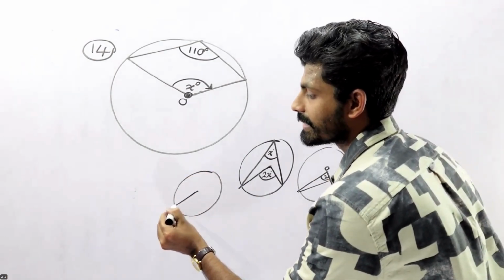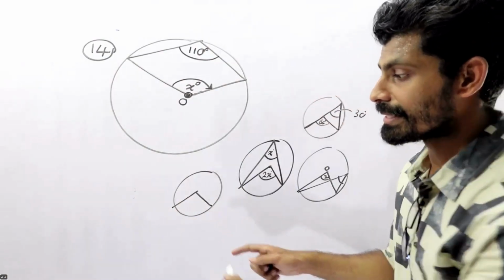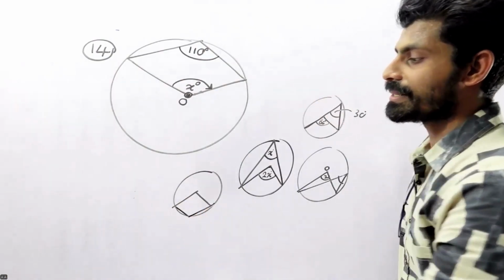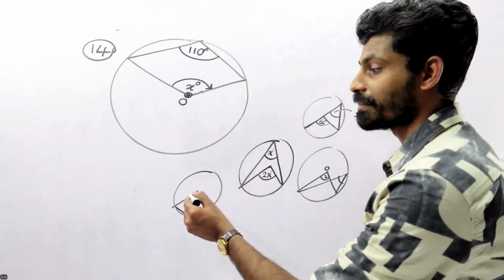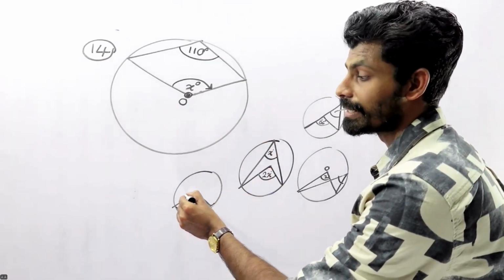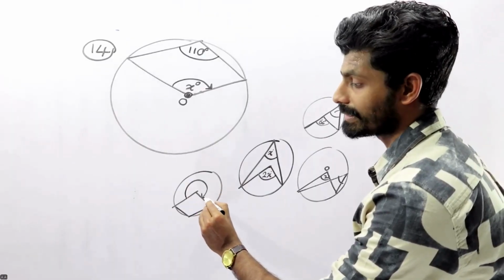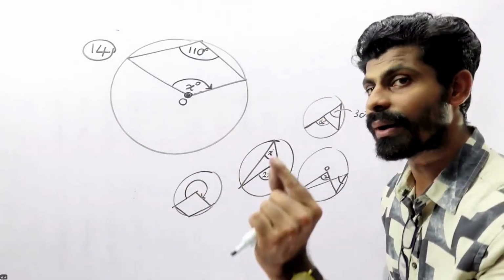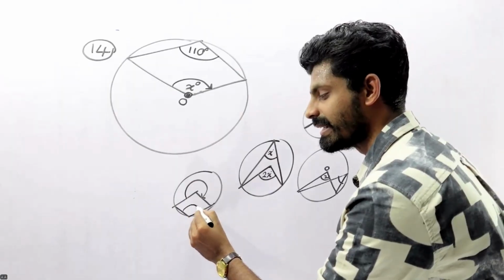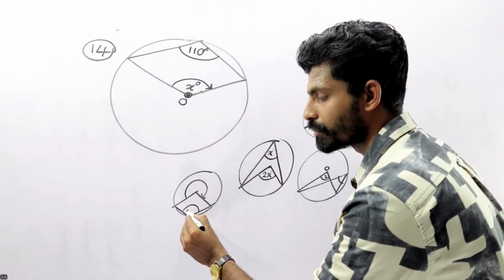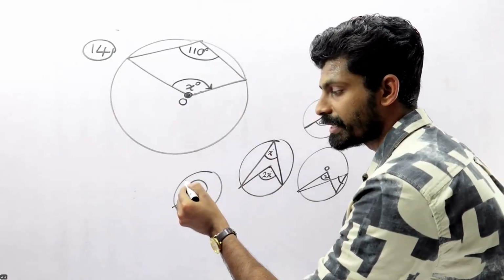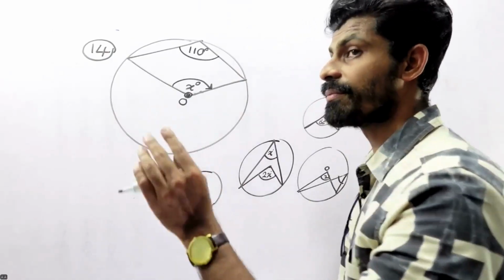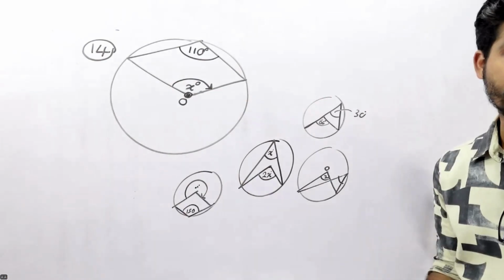So that means we need to take reflex angle. Just think this one equals to 150, double, 150 multiplied by 2, 300.